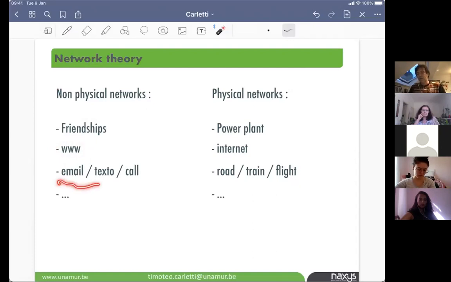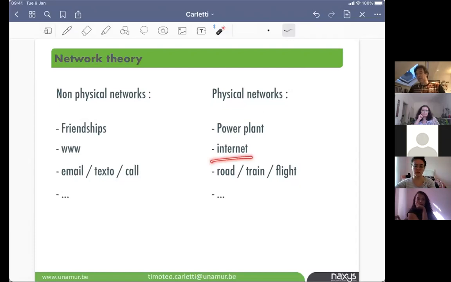Or you can have email, texts, calls, and so on, where you have a person or a robot that sends something which is virtual because it does not really exist except as electrons, if you want. Or you can have physical networks, like a power grid, where the nodes are the power plants and the links are really the wires, so the connections are physical connections that link nodes physically.